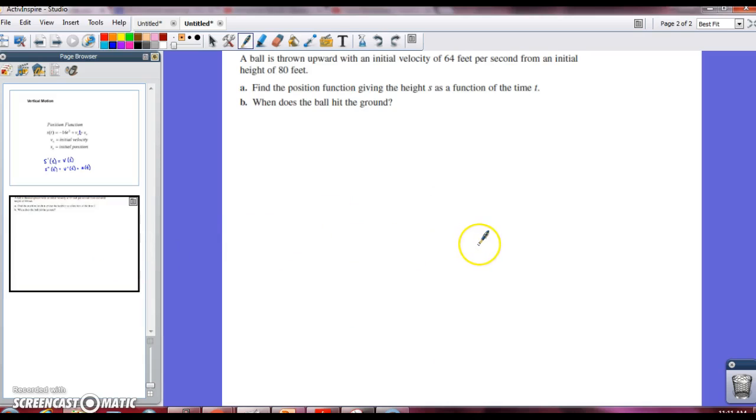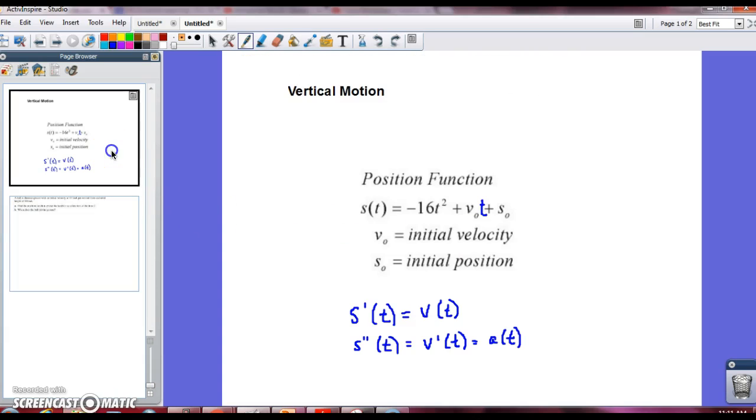Well, here's a problem that we have. A ball is thrown upward with an initial velocity of 64 feet per second from an initial height of 80 feet. And it says find the position function giving the height s as a function of the time t. Now, it's obviously seen that we can just plug into this equation that we have here.